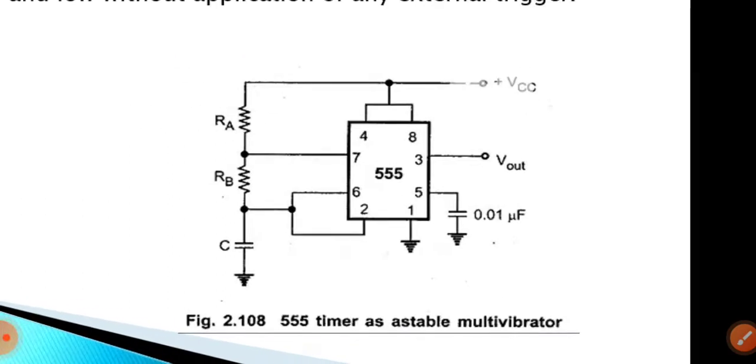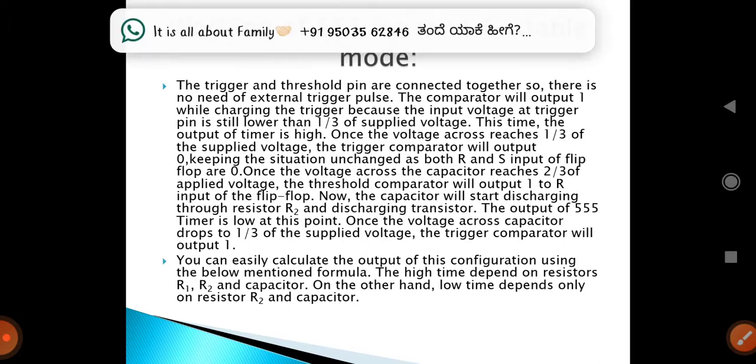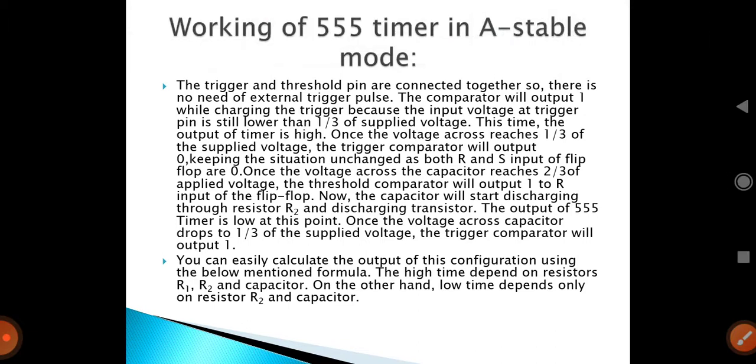Let us see how this works once again. The trigger and the threshold pin are connected together, so there is no need for an external trigger pulse.